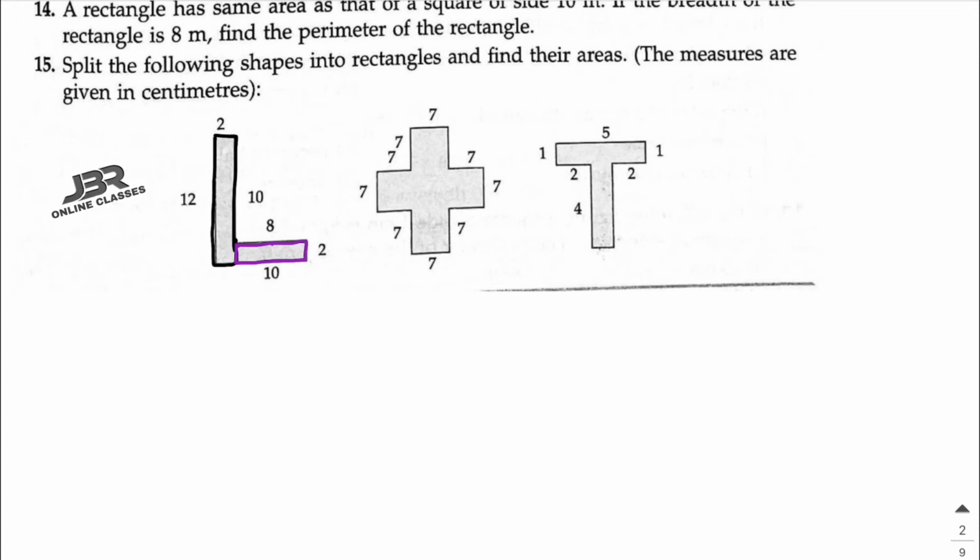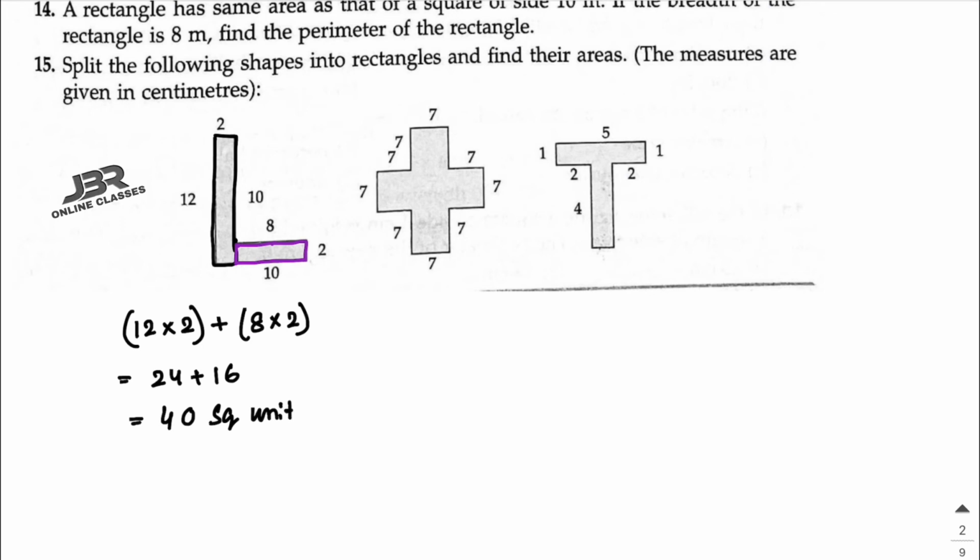So for the black one, area is equal to 12 into 2, and for the purple one, area is equal to 8 into 2, 8 as length and 2 as breadth. So 24 plus 16, so 40 square unit, that is your answer.